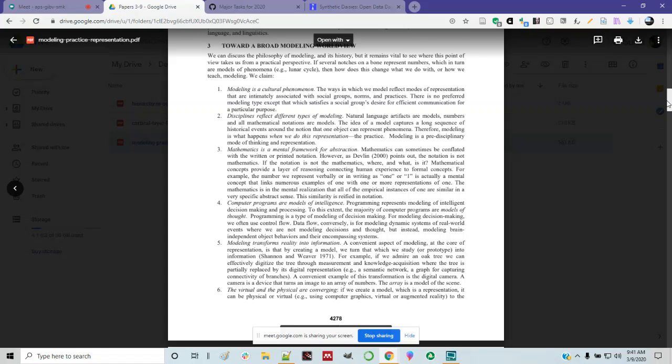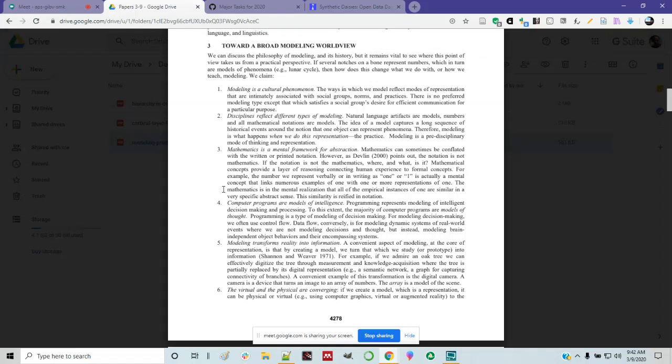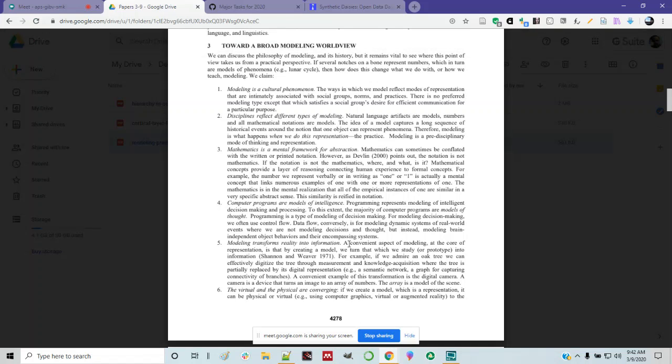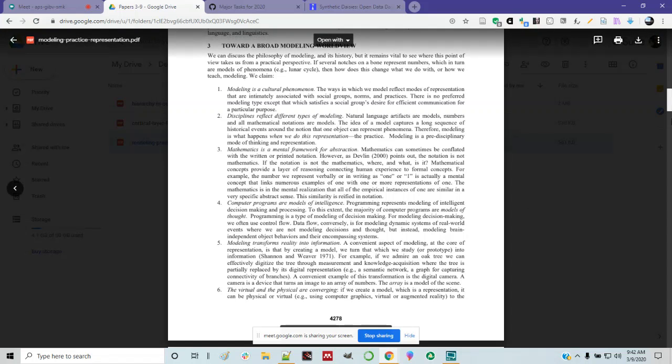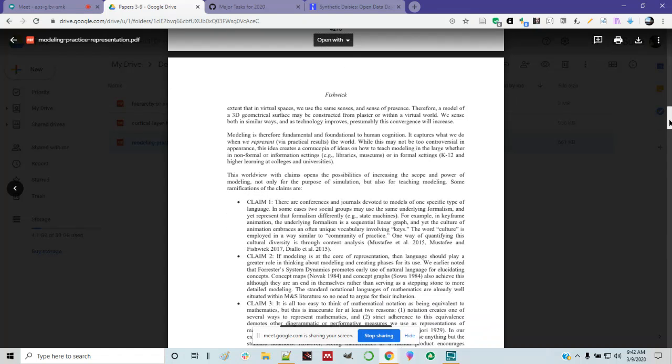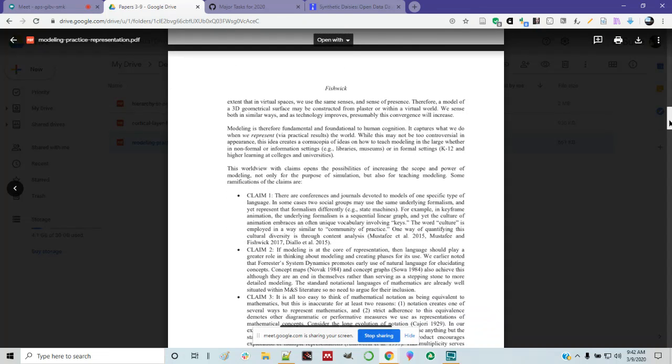Modeling is a cultural phenomenon. Mathematics is a mental framework for abstraction. Computer programs are models of intelligence. Modeling transforms reality into information. And then they make a couple of claims here.